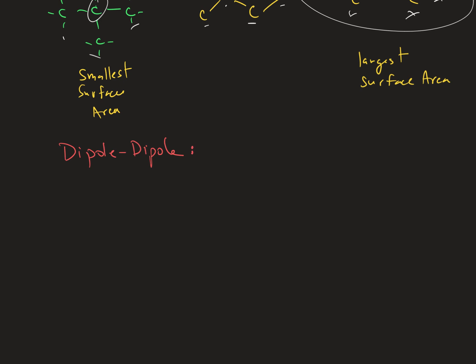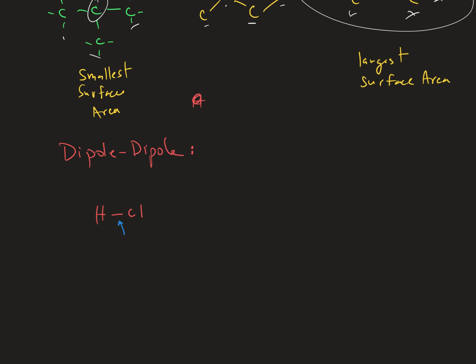So this dipole-dipole interaction is much stronger than the London dispersion, but it's weaker than the covalent bond itself. So the bond holding the hydrogen with the chlorine, for example, this bond, you're not going to break it. I mean, you can.